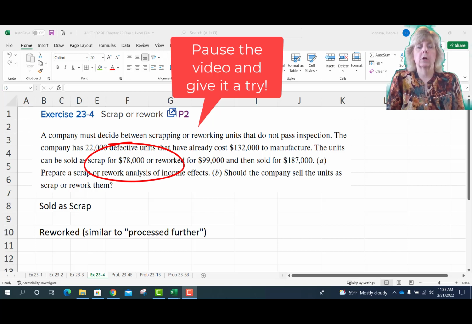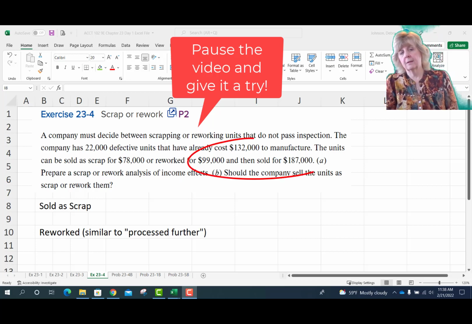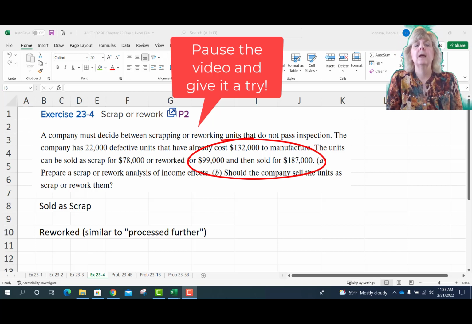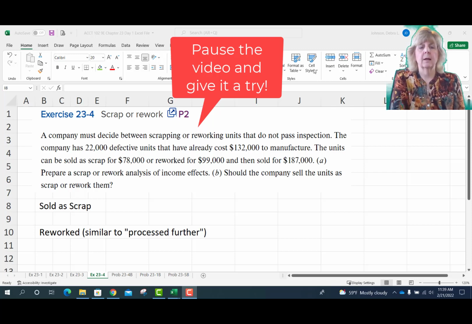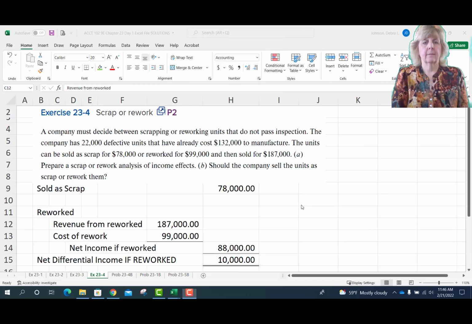Okay, there's one option. Or they can spend $99,000 in the future, emphasizing it hasn't been incurred yet. They can rework them for $99,000 and turn around and sell them for $180,000. Prepare a scrap or rework analysis and then define what the proper answer is. Pause the video and we'll come back and look at the solution.